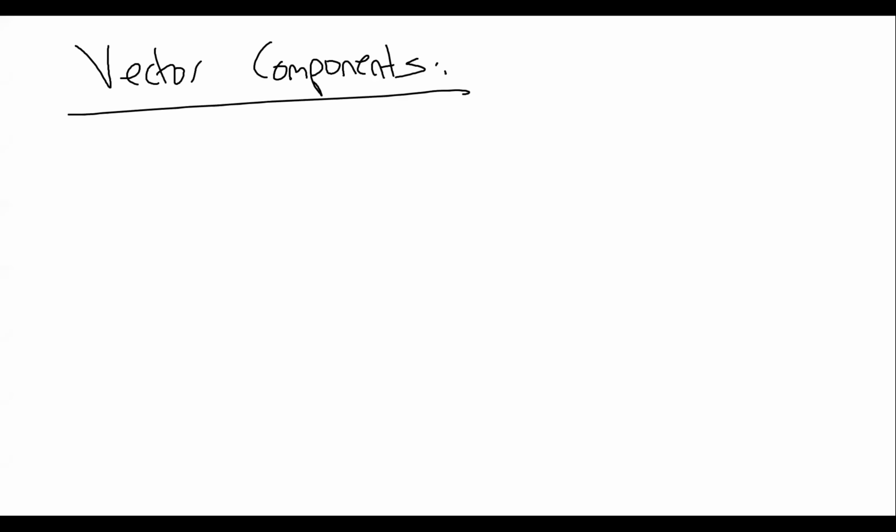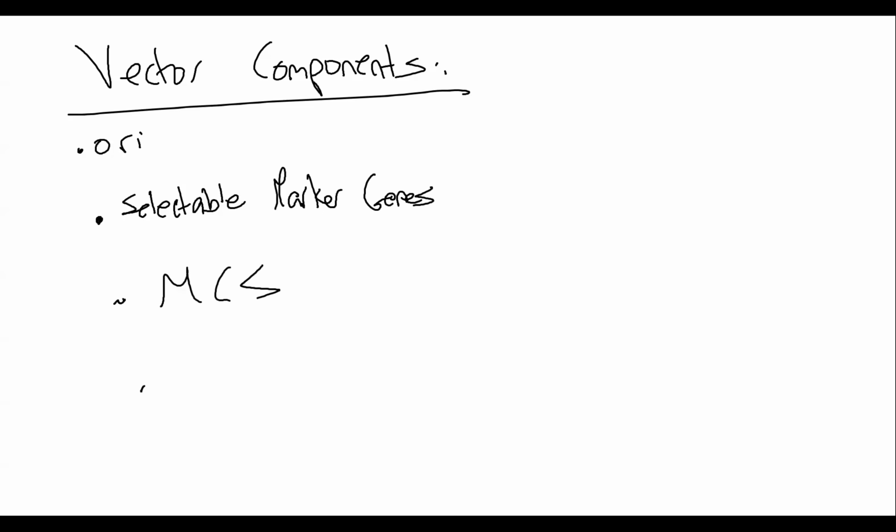Now, let's see what are the vector components. The vector components are the ORI, the marker genes, MCS, and the promoter.